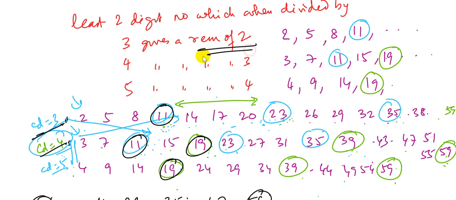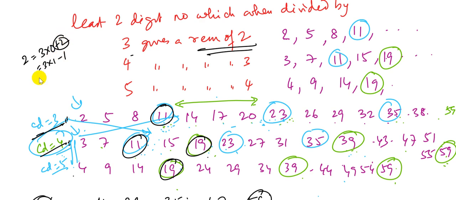Remainder of 2 when it divides by 3 means a number 2 can be written as 3 into 0 plus 2. It can also be written as 3 into 1 minus 1.